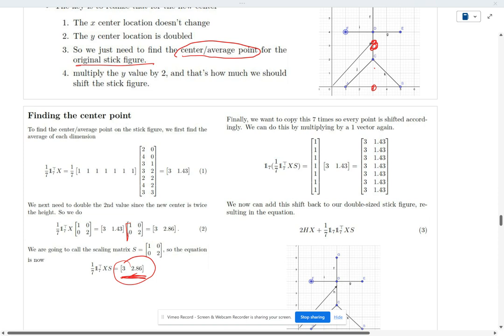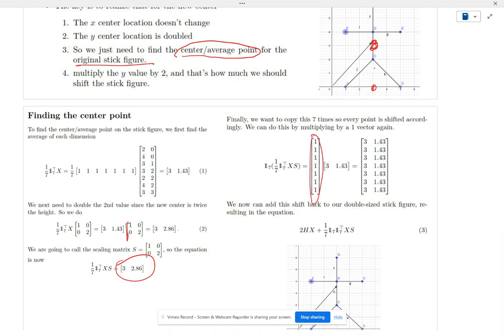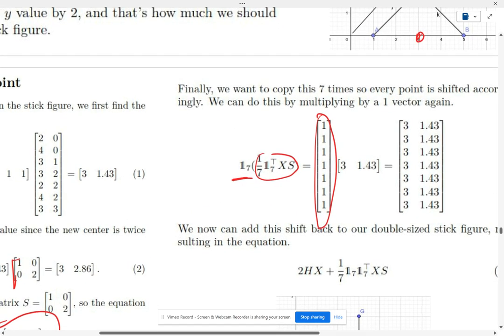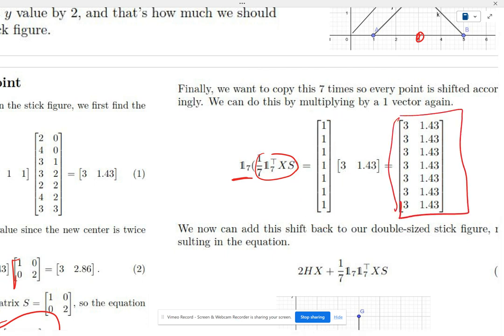Okay, so similar as before, we want to copy this 7 times. So we multiply by a vector of ones. So whatever we have here, now we multiply by vector of ones. And by doing this, it allows us to copy it 7 times. So this is the final result.